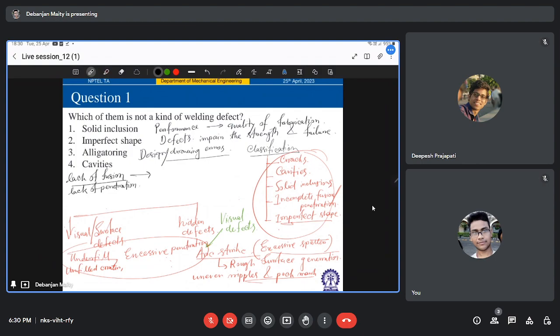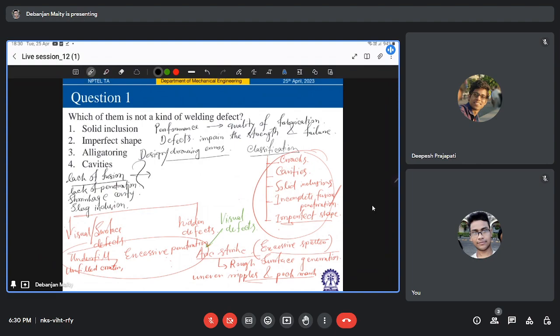Then you have this shrinkage. So for shrinkage cavity, again, you have to find it using some special means, where the shrinkage cavity is there. And then you can have something called slag inclusion, right?